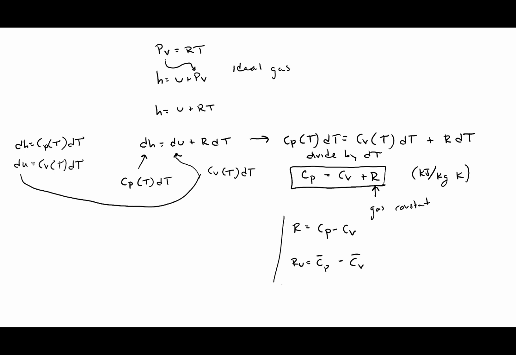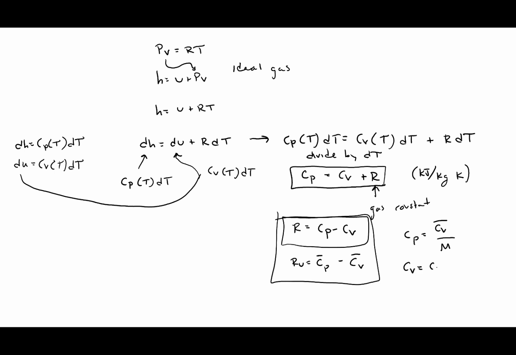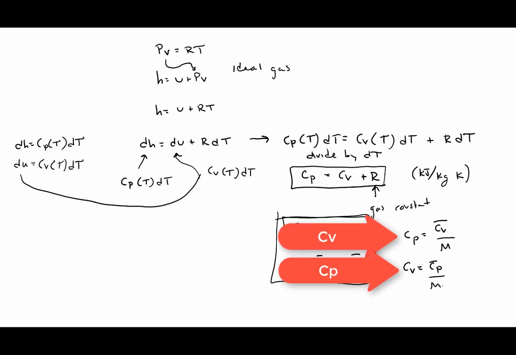This is the relationship we're going to use if we have C sub P and we need C sub V, then we can use this relation to get C sub V. Or if we have C sub V and we need C sub P, we can use this relation to get C sub P. And also remember that C sub P is equal to C sub V plus R, and the molar specific heats are related to the specific heats by the molar mass.